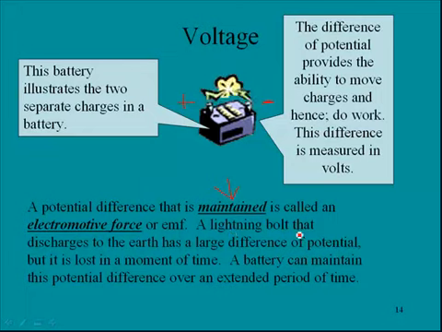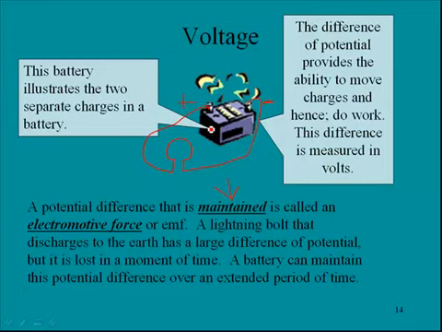A lightning bolt that discharges to the earth has a large difference of potential, but it is lost in a moment of time. A battery can maintain this potential difference over an extended period of time. So in this case, let's pretend that we connect a light bulb. Okay, here we've got a light bulb connected here, and we have light.